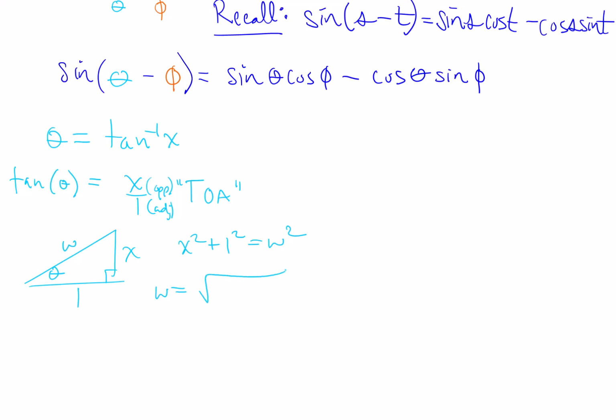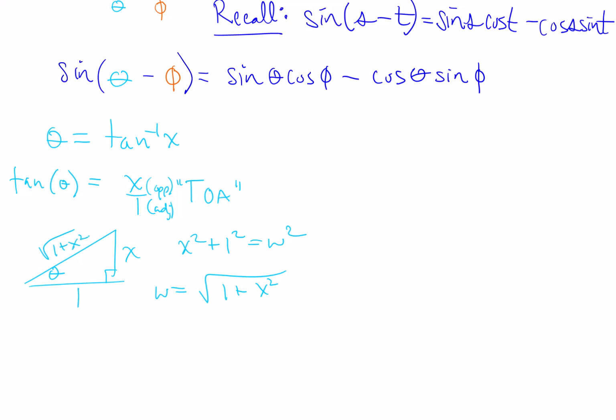Yes, it'd be plus or minus, but we're only using the positive version for a hypotenuse, so we'll just use the plus. If I take the square root of both sides, of course, we'll have the square root of 1 plus x squared as our hypotenuse, which I've just conveniently given the letter w for the time being. In fact, I'm going to replace that now. So we'll say that hypotenuse w is really just the square root of 1 plus x squared.